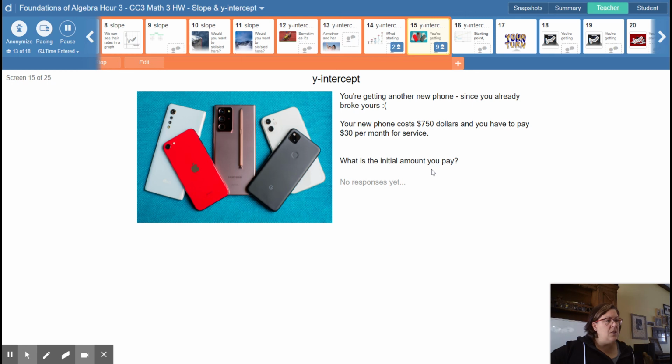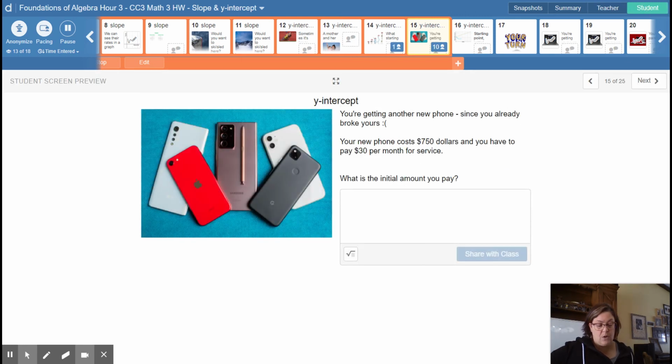What is the initial amount you pay? Meaning, what do you start with? How much do you pay to start off? Before you even activate the phone, you have to pay for the phone, right?